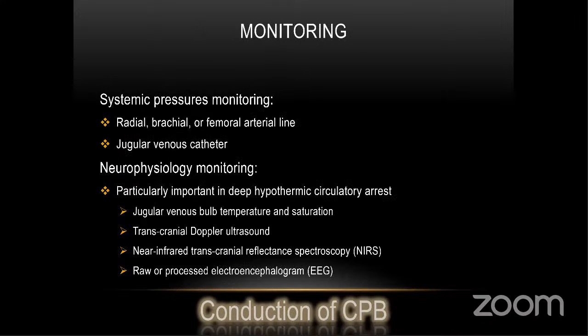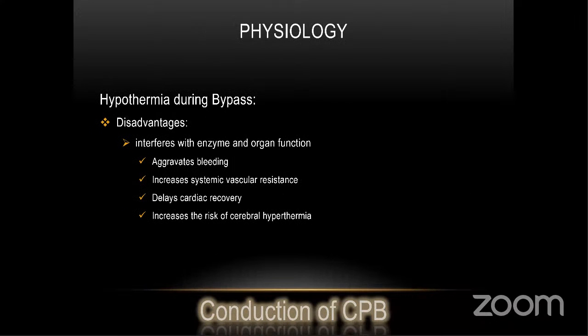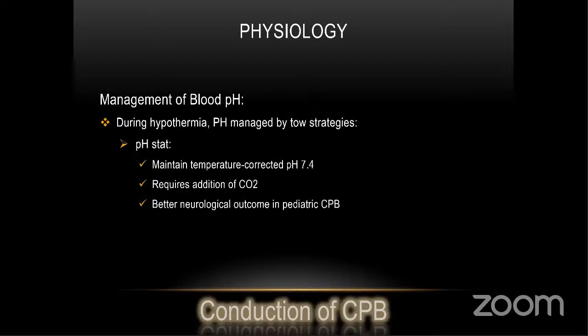What I understood is that with pH stat or alpha stat, during rewarming of blood the pH of the blood is increasing. Let's start with pH stat. pH stat means we fix the pH at 7.4.